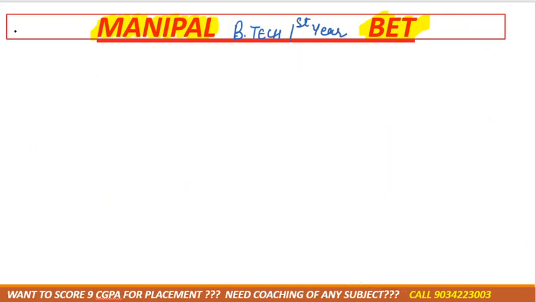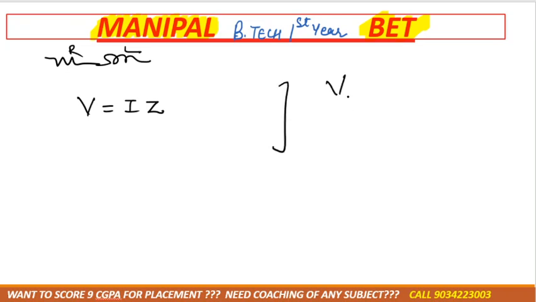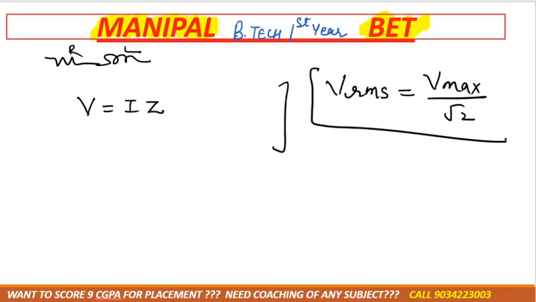Now we should know the value for R and L. According to Ohm's law, V is equal to IZ, right? One more thing, for calculation purposes, we always need to calculate RMS. And there is a relationship between RMS and maximum, that is VRMS is equal to Vmax by root 2.